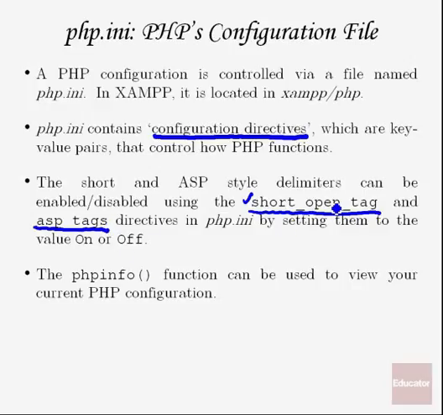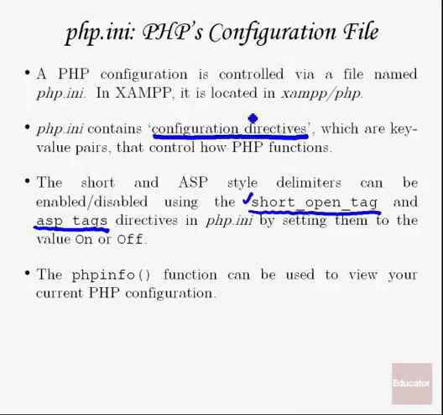As we just saw, the short open tags are enabled in PHP right now, and the ASP tags aren't. So if we go look at php.ini, we should be able to confirm that. In XAMPP, where your php.ini file is located depends on how your PHP installation is set up.